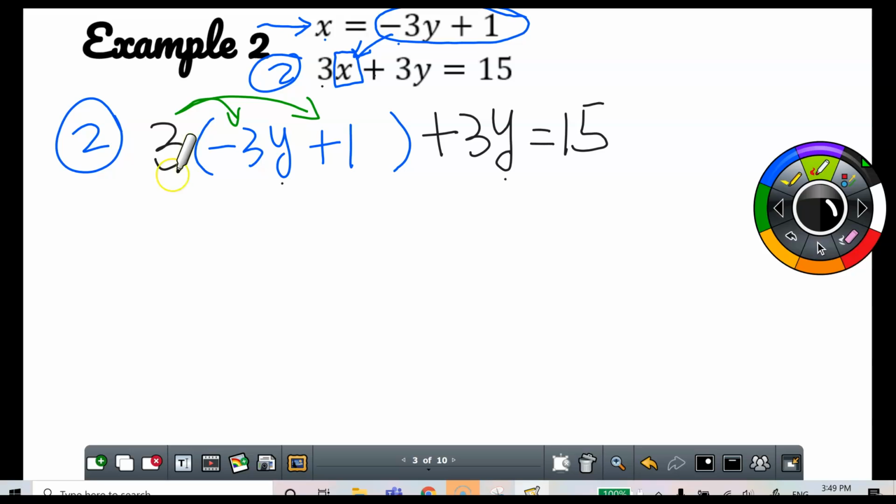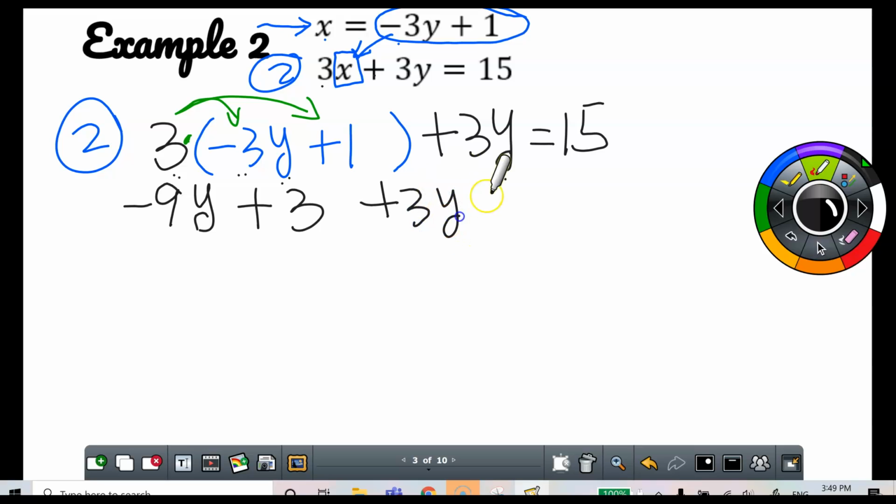So we have 3 times negative 3y, number times number. 3 times negative 3 is negative 9, and there's only one y, so copy it down. Next, multiplication. 3 times positive 1 is positive 3. So you got rid of the parentheses and copy down whatever you haven't touched, which is plus 3y equals 15. And keep solving this equation.